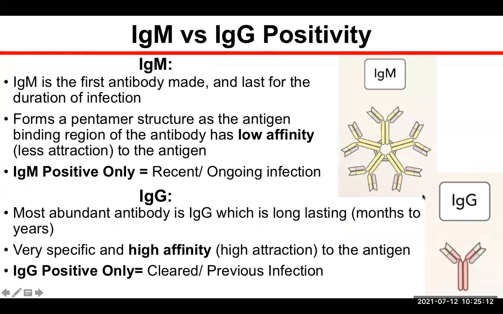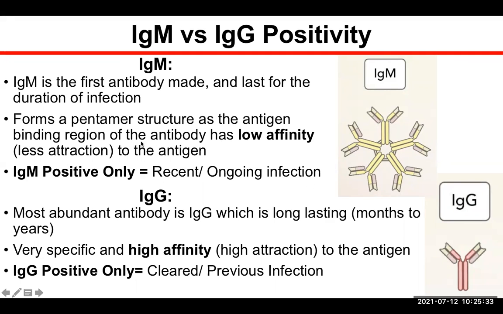If you remember from last week, IgM has this pentamer structure. There are 5 of them stuck together, and that's because it has low affinity, or less attraction, to the antigen. So there need to be more of them in order to recognize the pathogen and bind to it well.